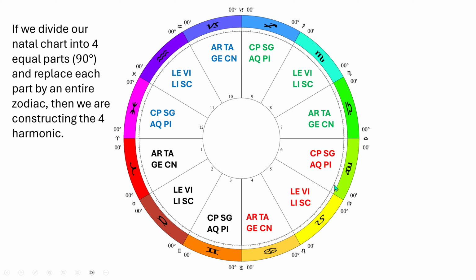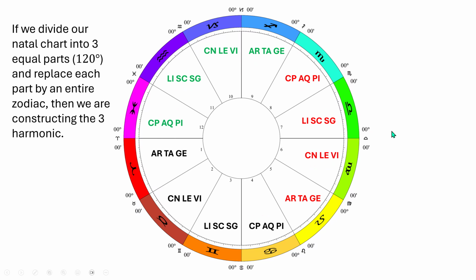Now, if we divide our chart into 4 equal parts of 90 degrees each, and replace each 90-degree interval by a zodiac going from Aries to Pisces, Aries to Pisces, Aries to Pisces, Aries to Pisces, then we're constructing the 4 harmonic.